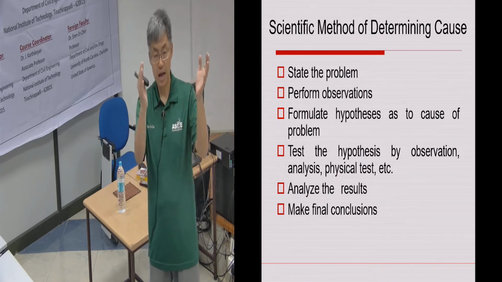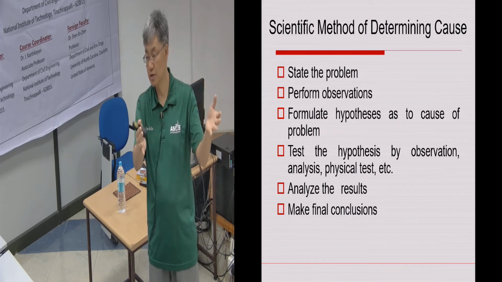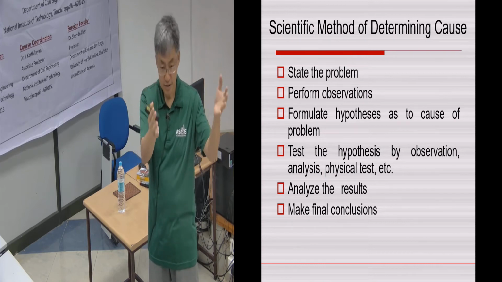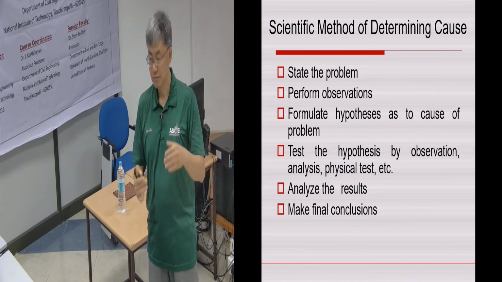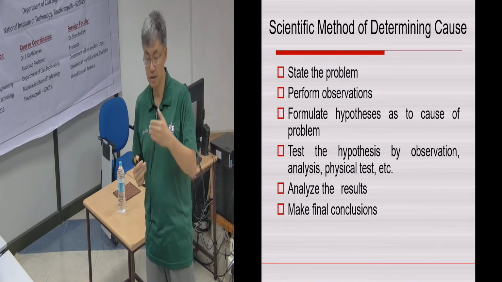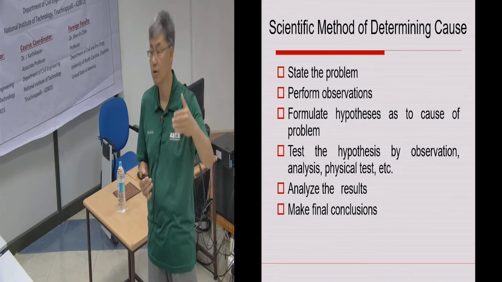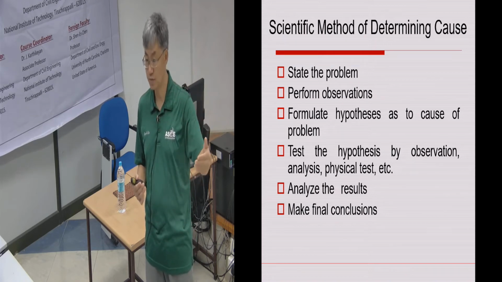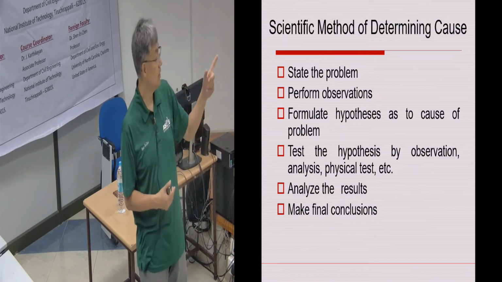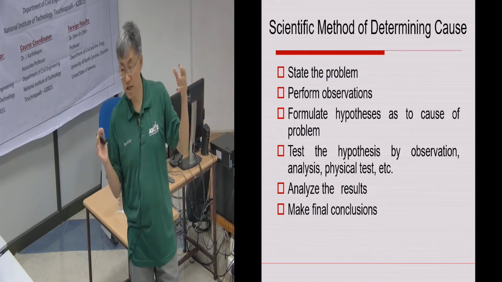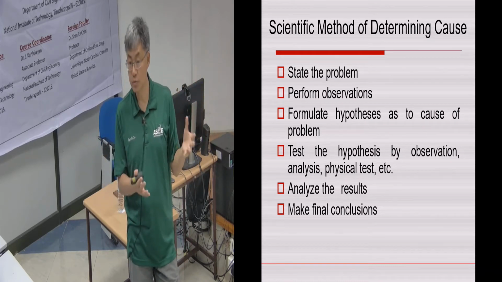I have a construction of a retaining structure. It failed. Then, based on your own opinion and your investigation, you start pinning down problems, faults, and so forth. So that statement of the problem is really critical.